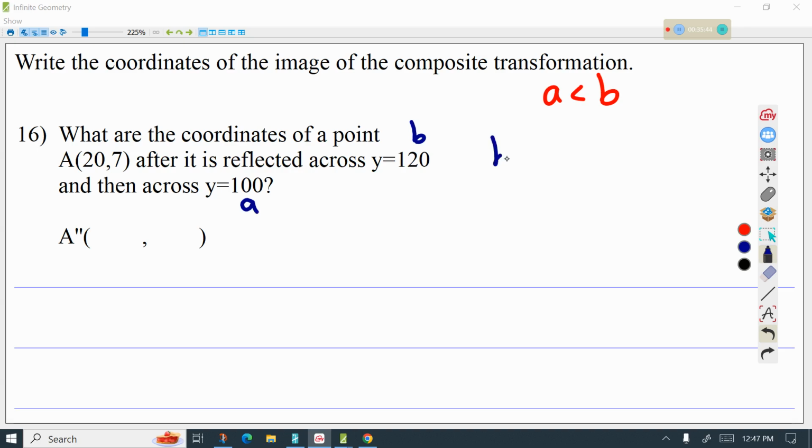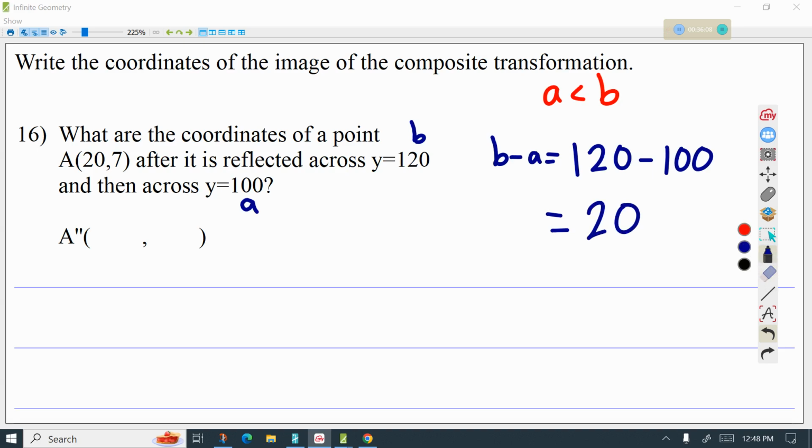So what does that mean when we get B minus A now? What do I get? We're going to get 120 minus 100. Okay? So the point that I'm trying to make is, are we going to go up or down? This gives me positive 20, right?